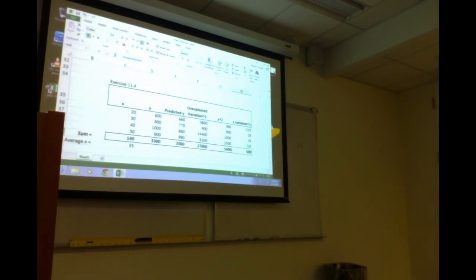Okay, any questions about that? No. All right, let's move on to, I believe, the next one, which is a hypothesis test. This is on page 419: testing the slope is 0 as a null hypothesis.